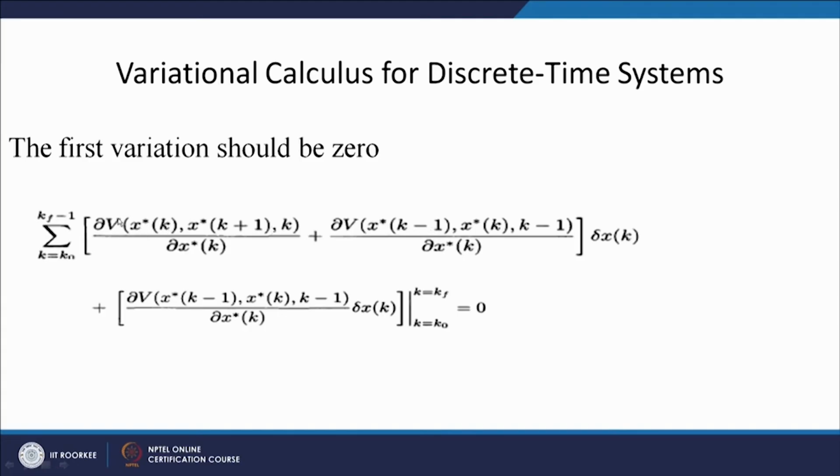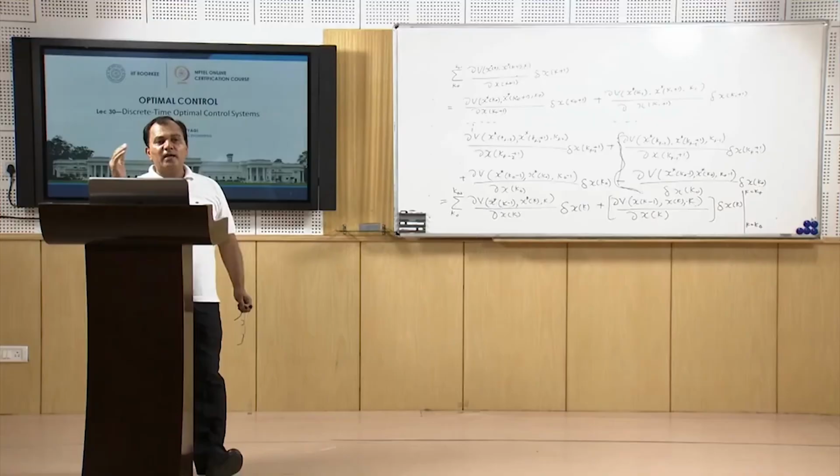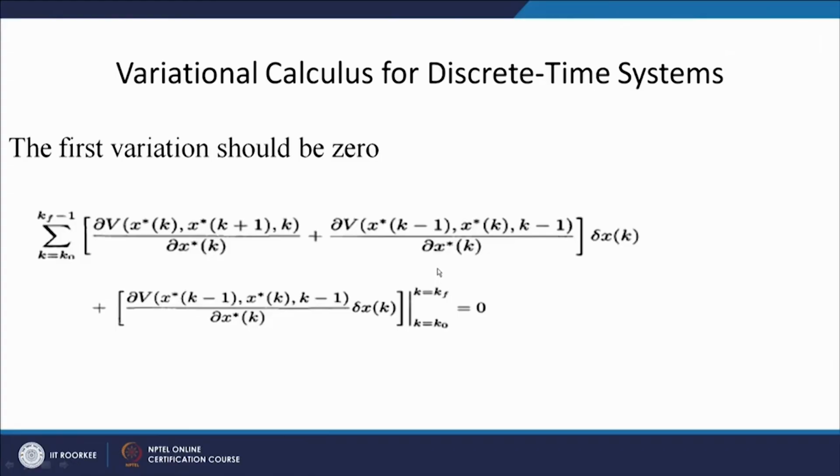In the first term we have del v at x star of k, and this is one step before, x star of k minus 1. So, analogous to taking d by dt of del v by del x dot, here we have taken del v by del x k.